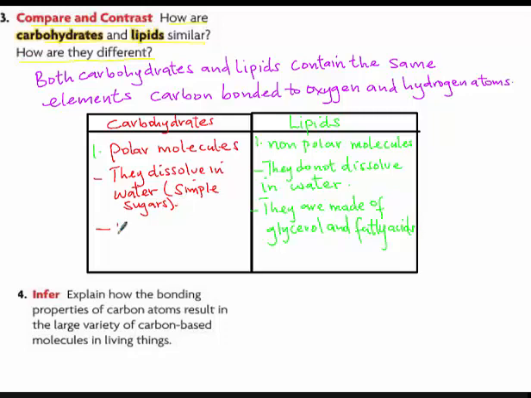They are made of monomers of simple sugar, for example, glucose.